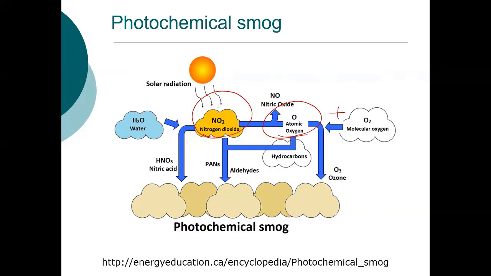That atomic oxygen reacts with molecular oxygen to produce ozone. This is a cyclic reaction. It's quite complicated. We produce aldehydes. Hydrocarbons, as you see, will play a significant role in that. And we produce other oxidants. I'm not going to talk much about all of these oxidants, but we're producing a significant number of them.